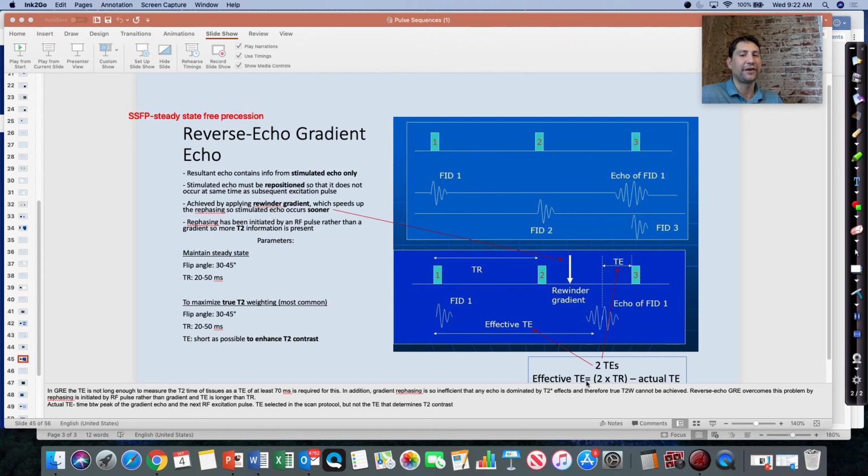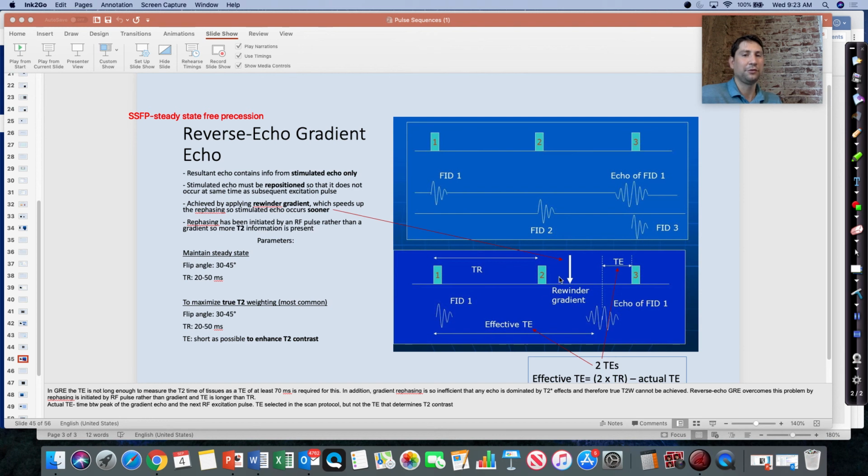So to get the effective TE on your reverse gradient echo, it's due to this formula: 2 times TR minus the actual TE. This is your effective TE, this is your actual TE. The effective TE is the one that you set on your console, but it's not the actual image contrast that you're getting.